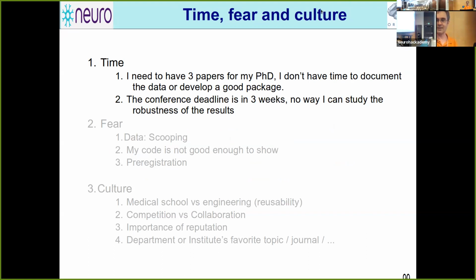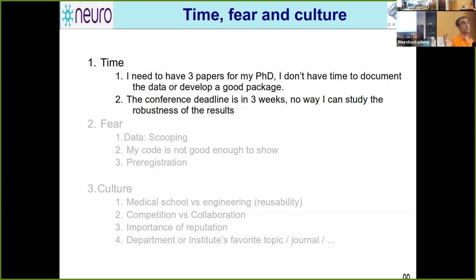It's okay. I think I was inspired by Ted Satterthwaite, who was saying that open science has different things against it: time and fear. I actually said two, time and fear, and I'm adding culture to that. So time and fear and culture are probably the things that are preventing open science from blossoming.